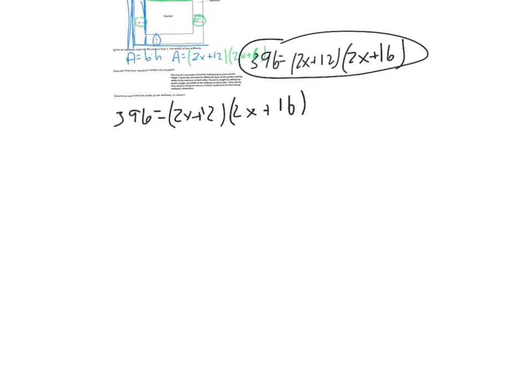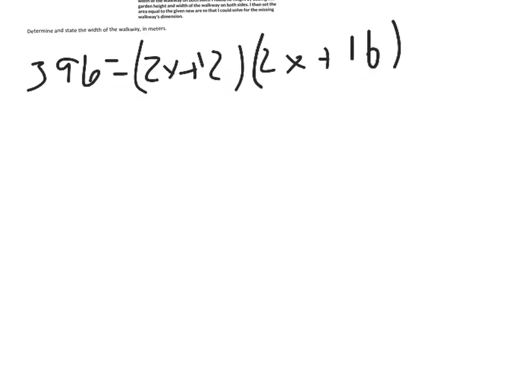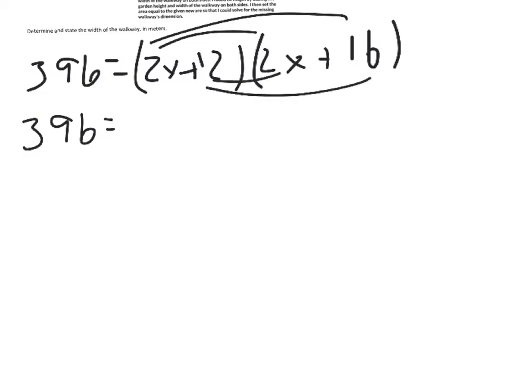So to solve this, I'm going to think through all my steps of math. I'm solving an equation, so 396, I can't do anything with that. On the other side, I have a FOIL problem. So I get 396 equals, so this is a FOIL, first, outer, inner, last.